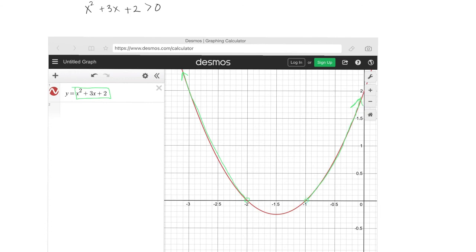The x's that correspond to where the function is positive are my x's less than -2, so from negative infinity to -2, or we skip over and get our x's over here, which go from -1 to positive infinity.